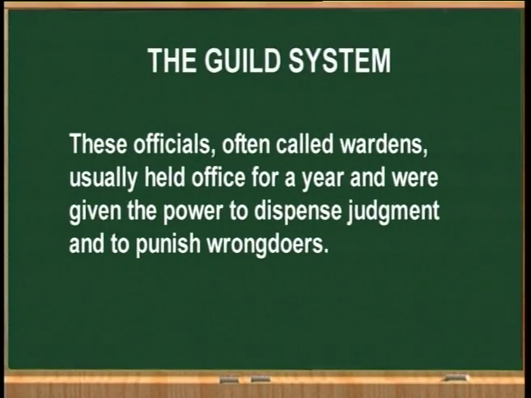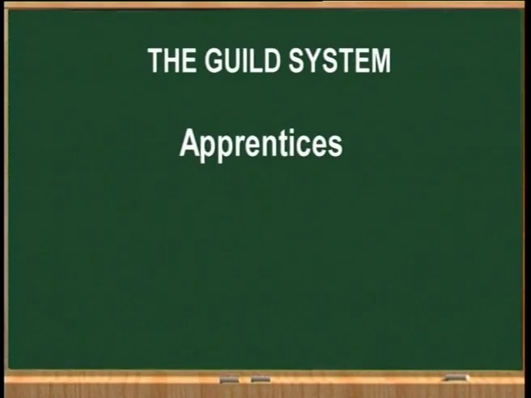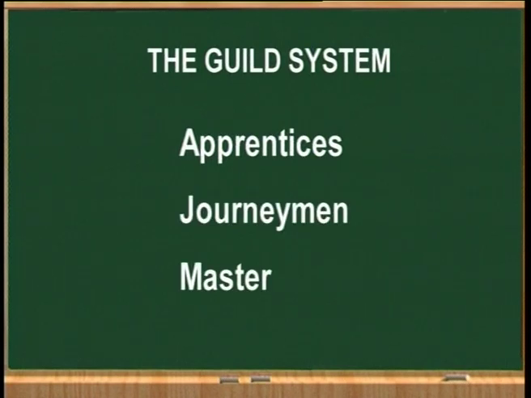These officials, often called wardens, usually held office for a year and were given the power to dispense judgment and to punish wrongdoers. In this way, disputes between apprentice, journeyman and master were adjusted within the framework of the formal organization.